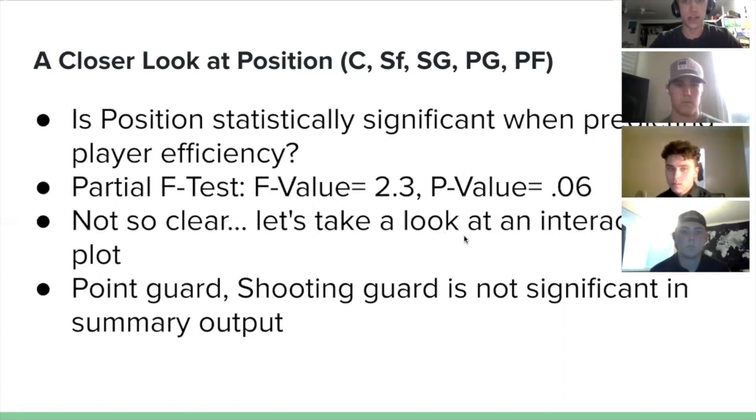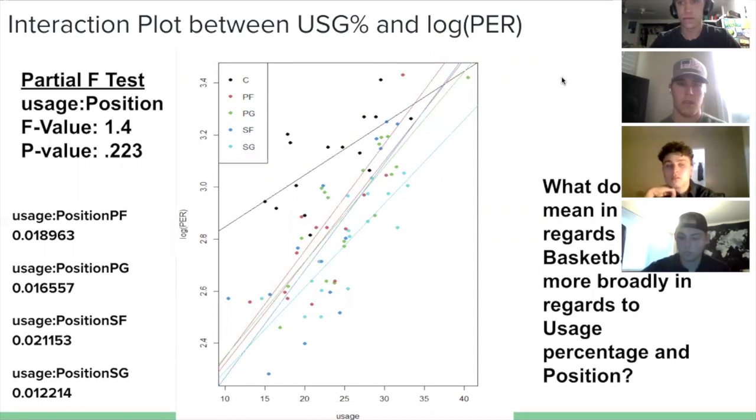So we next wanted to take a closer look at an interaction plot to further test these categorical variables. Here we have an interaction plot between usage percentage and the log of player efficiency. We decided to take a partial F test to get a better look at the significance of the interaction between usage and positions.